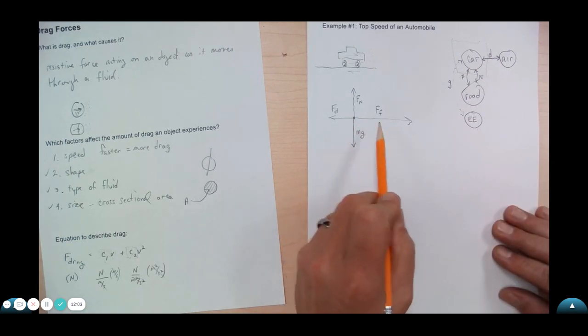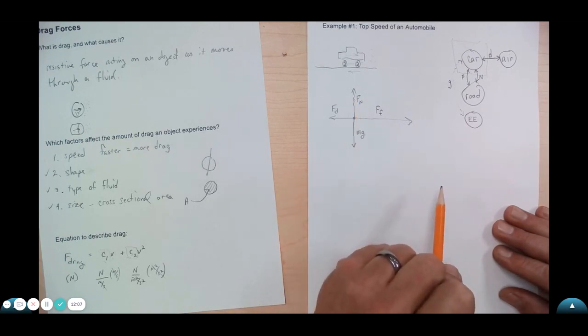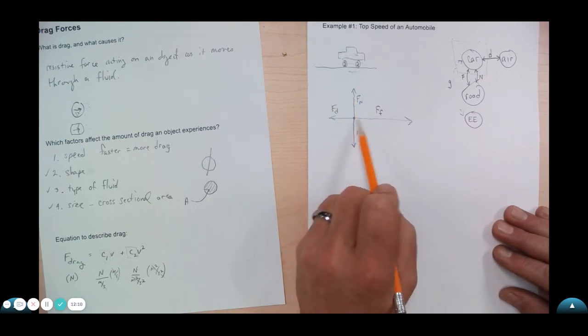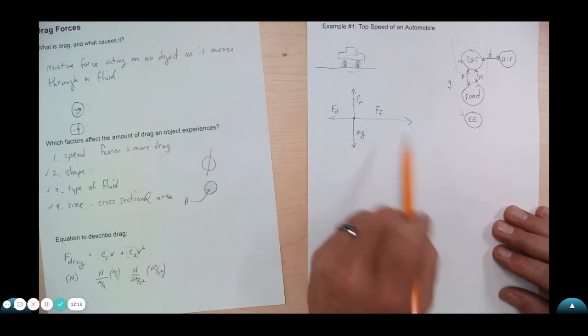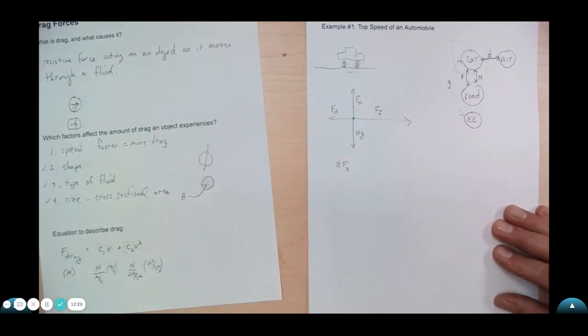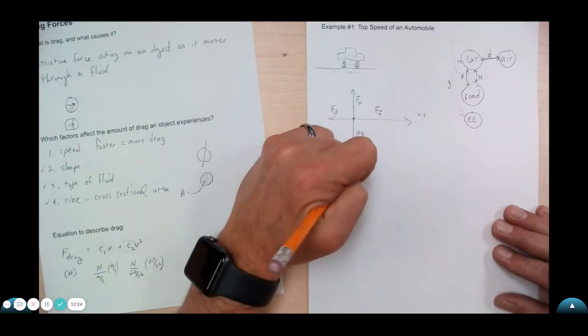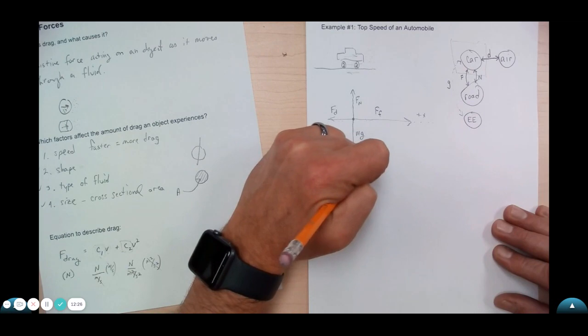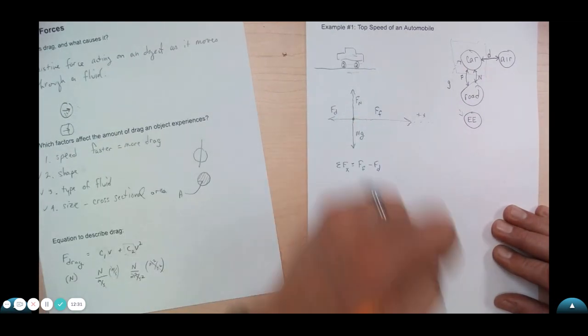Now, as long as these two forces right here, I don't think we have to worry about vertical. Those are balanced. As long as these two forces are unbalanced, this thing is going to accelerate. So if this thing is going slow, the sum of the forces in the x direction would be the friction force minus the drag force.